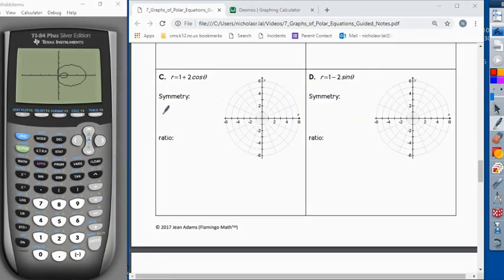Symmetry, x-axis, ratio 1/2, positive cosine. So that means we move right. A minus B is -1. A plus B is 3. A is equal to 1.